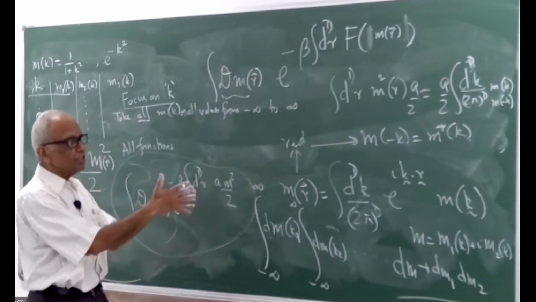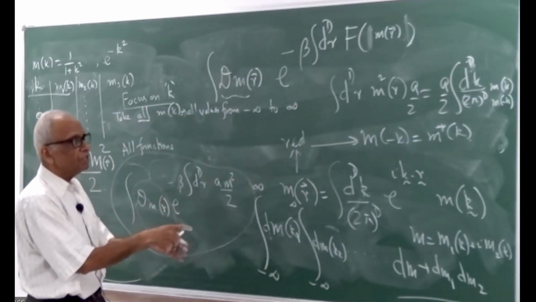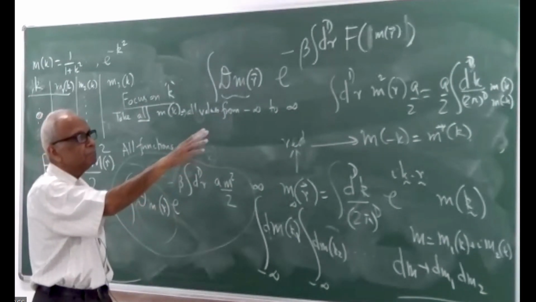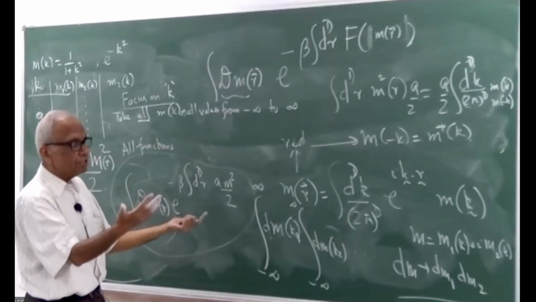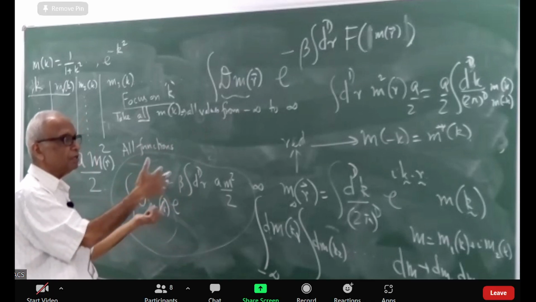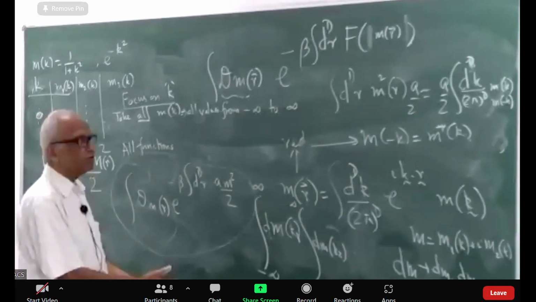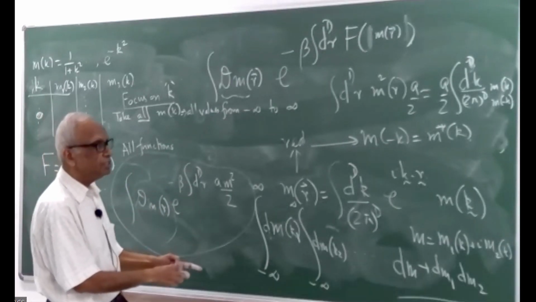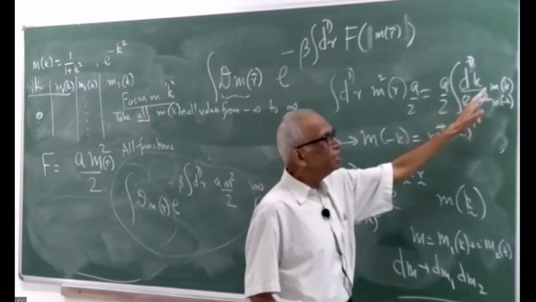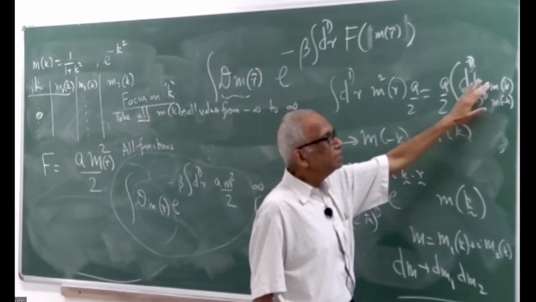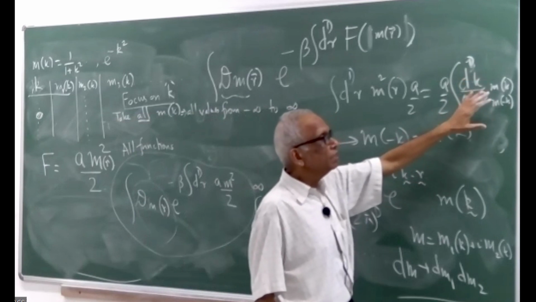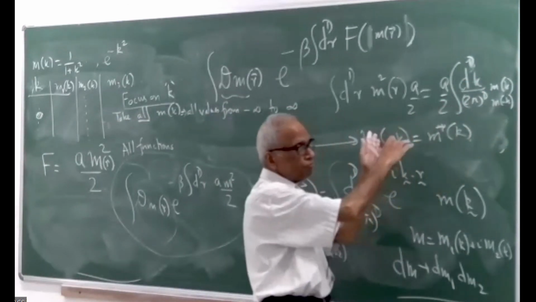And now you see, for every m, your integration is nothing other than e to the power minus x squared going from minus infinity to plus infinity, because for every k, I take a k that is m square of k. Now, this is a sum over all k's.